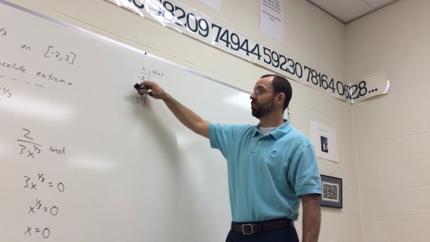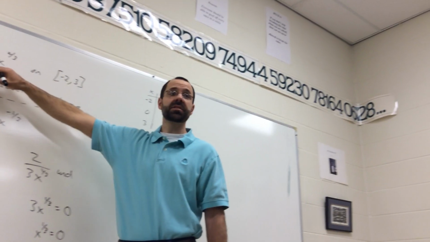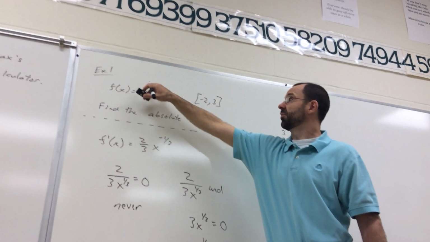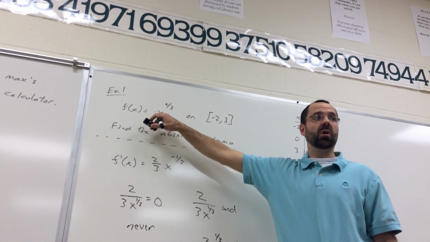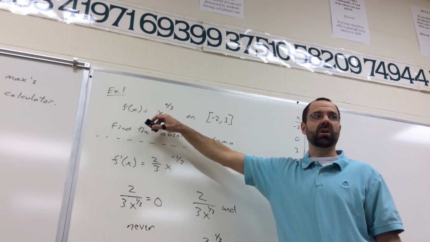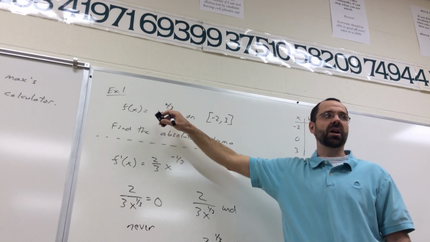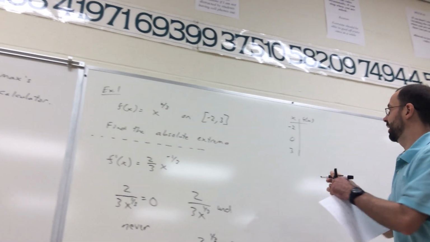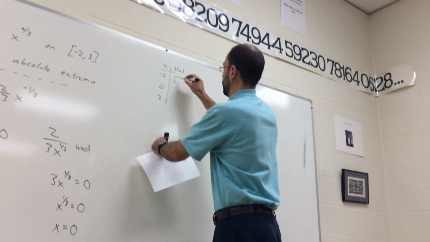All right, so for -2, plugging it into f of x. So if I square -2, that's 4. And then the cube root of 4, I don't know what that is, and I'm trying to do non-calculator. So I'll just write down the cube root of 4.